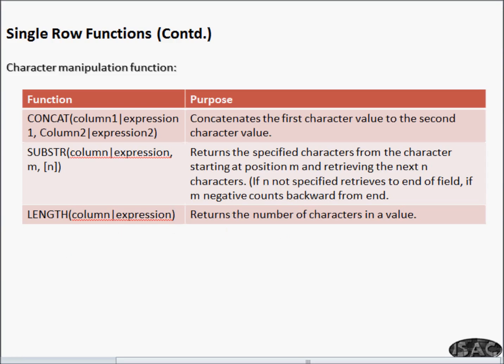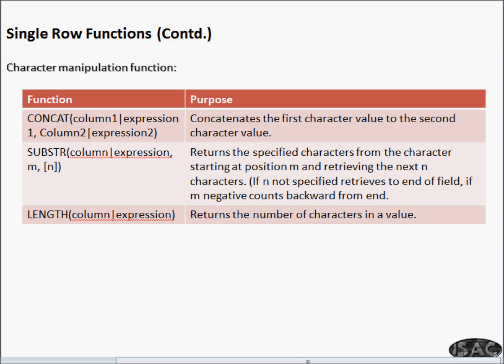Another is the character manipulation functions. So CONCAT. Let us say you want to concatenate the first character value to the second character value. So we have a concatenate function here, or we say CONCAT. SUBSTR returns the specified characters from the character string starting at a position and retrieving the next n characters.